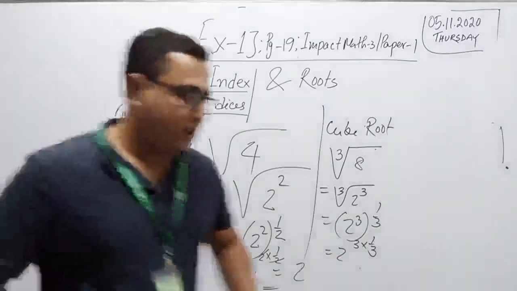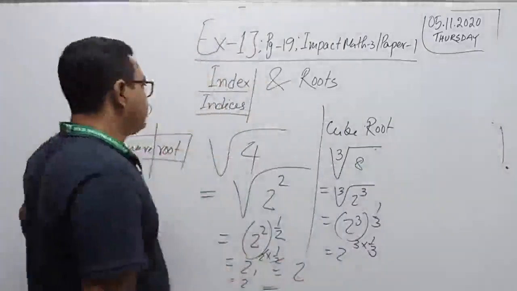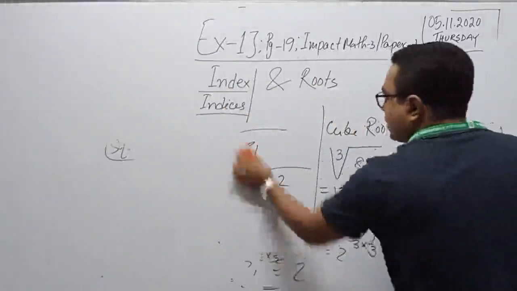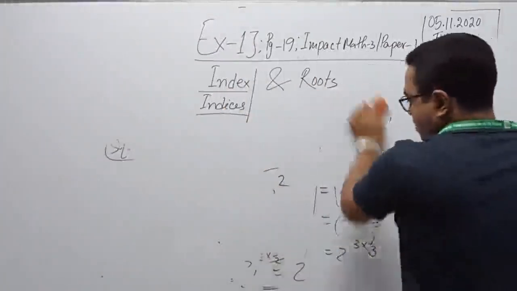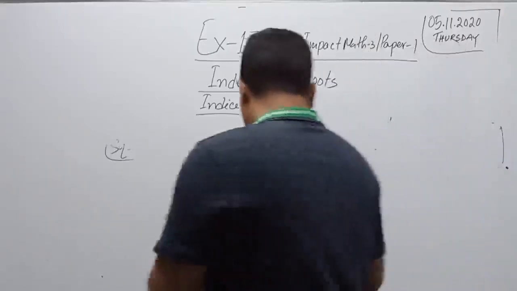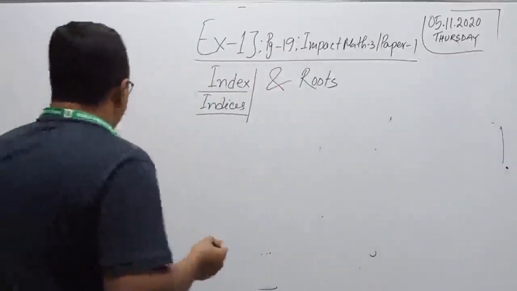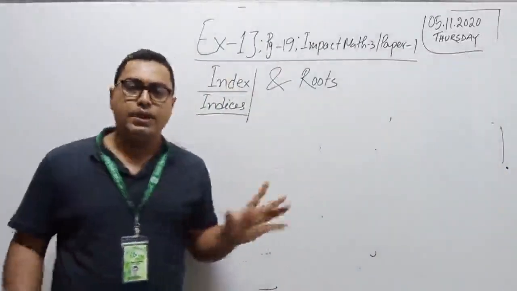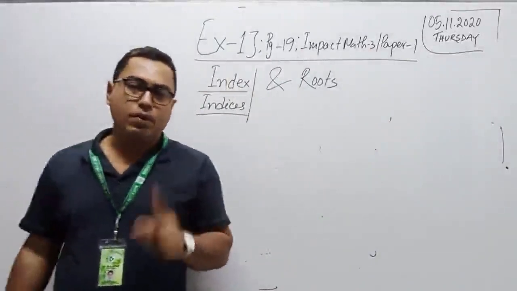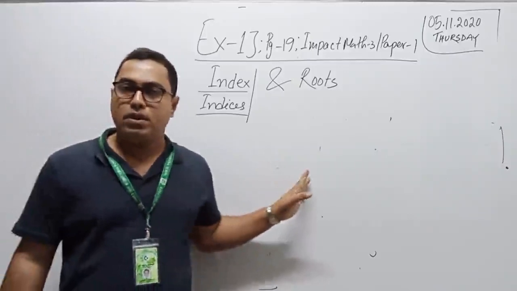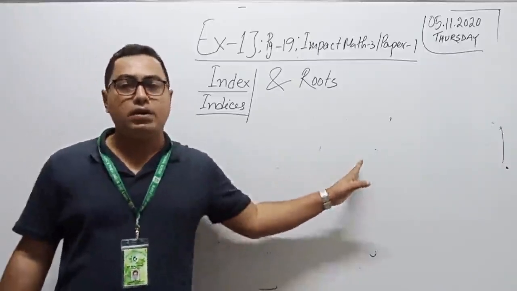Now one important thing is here. In our last two explanations, we used 4 and 8. 4 for square root and 8 for cube root.